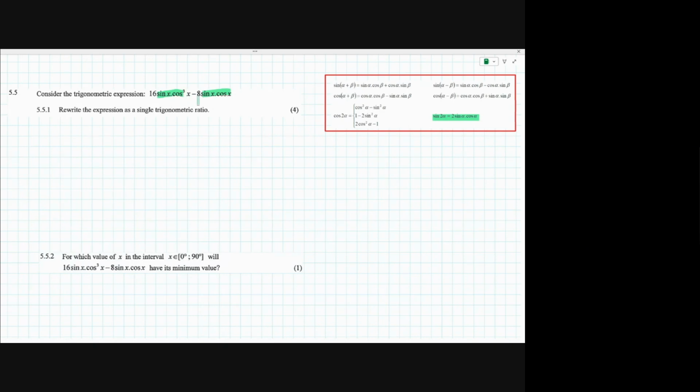All right, so when in doubt, and particularly when there's something common in both of your terms, factorize. So what I'm going to do is factorize this expression by taking out a common factor. Can anyone tell me what my common factor here would be? What is the common factor between these two terms?